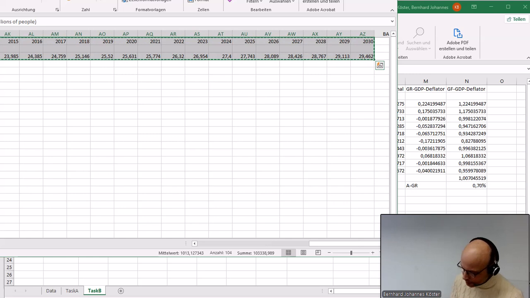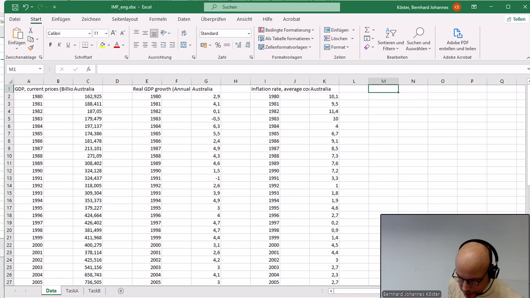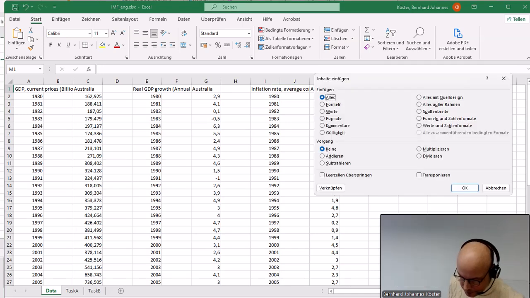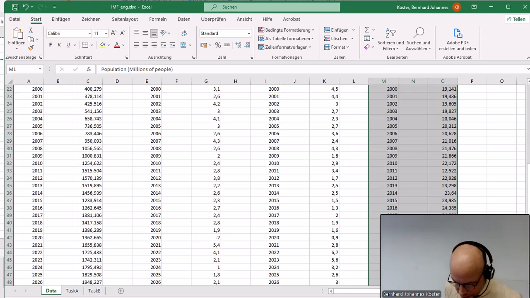And copy this into my data set. And from 2008, oops, another task.